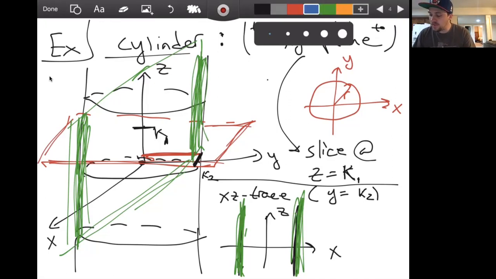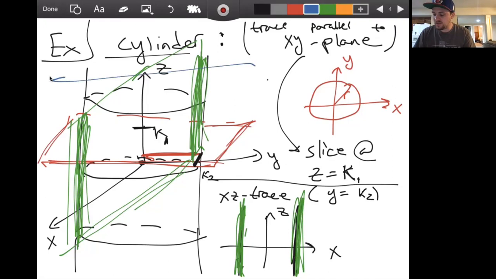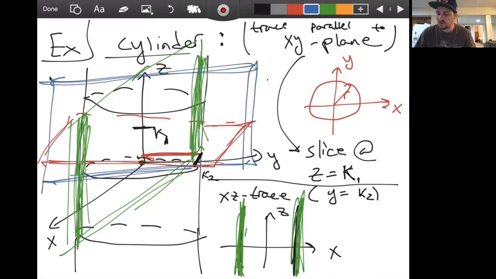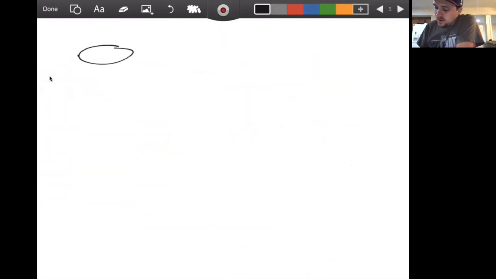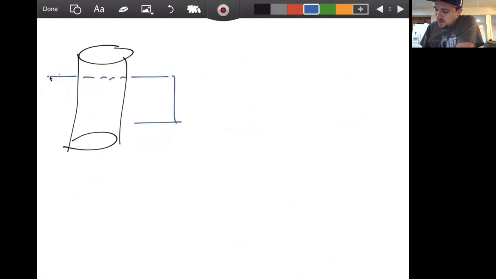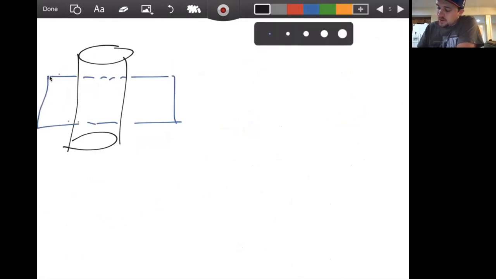Now, what about a YZ trace? Now I take a plane that's a parallel translation of our screen, right? The YZ plane is on our screen. I'm taking a parallel translation, and then I'm taking a slice. And well, you can see if I do that, so let me draw another cylinder here. And now if I take a slice through it, parallel to our screen, right?